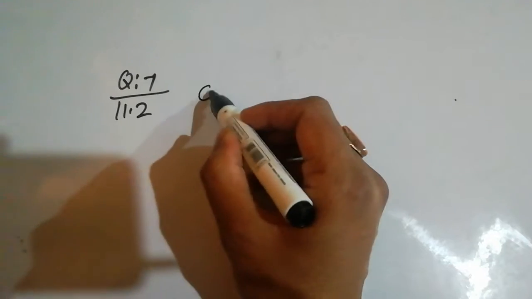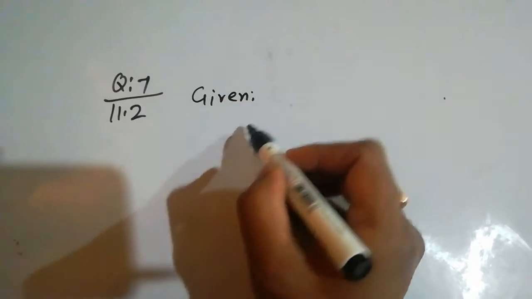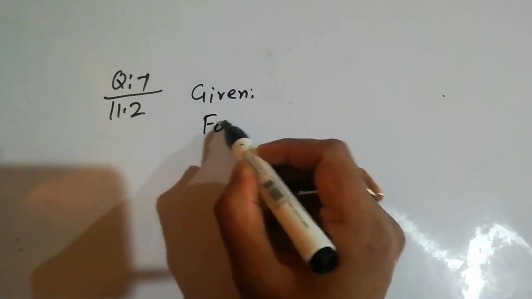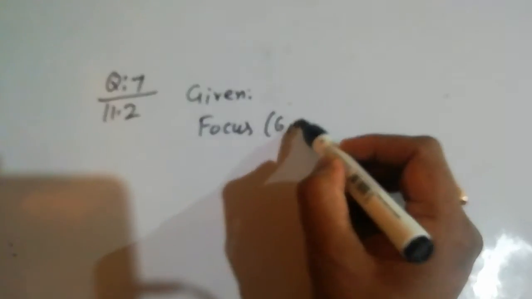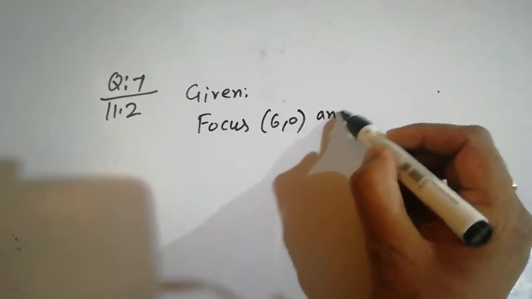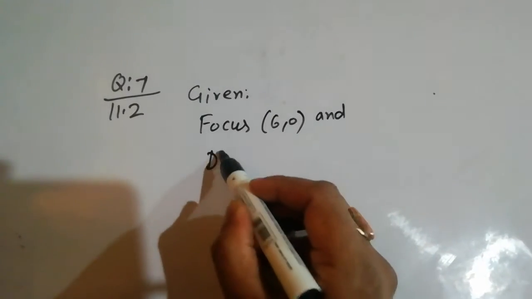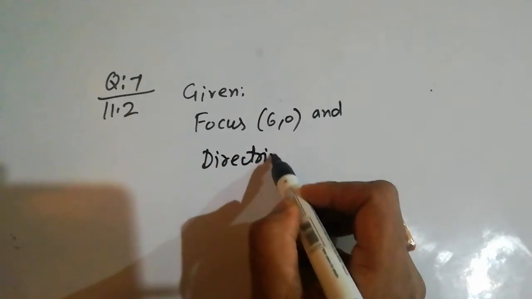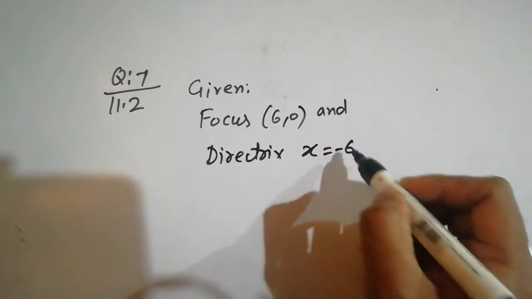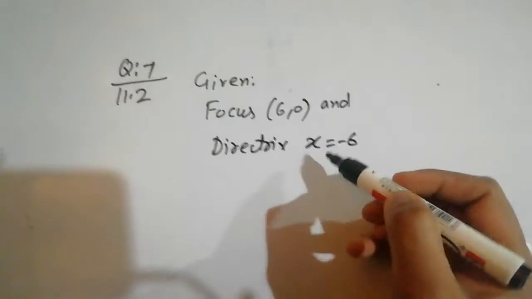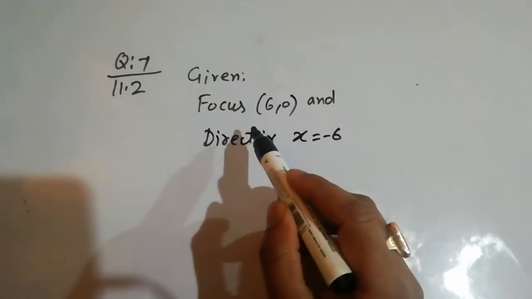So what is given? Focus is (6, 0) and directrix is x equal to -6. Now see here, you can compare.